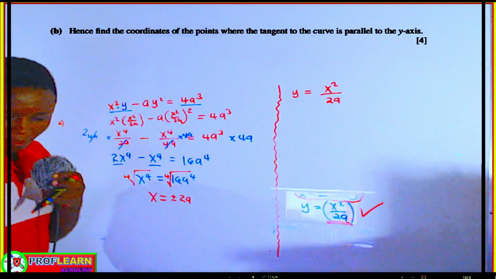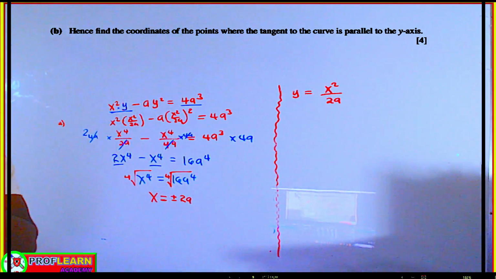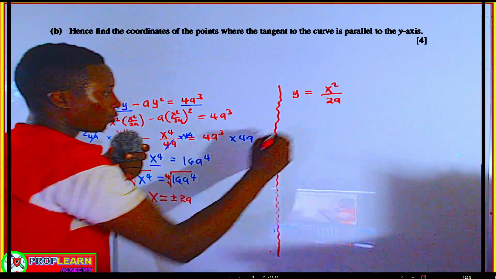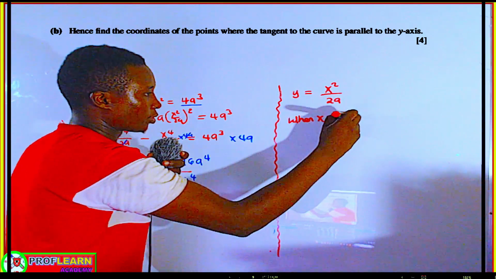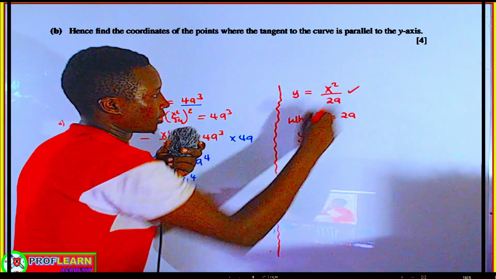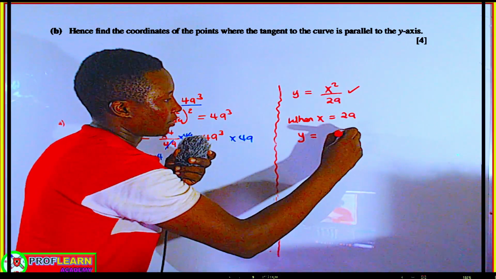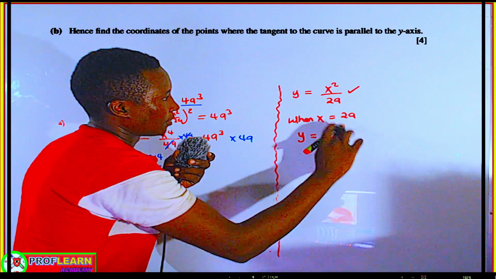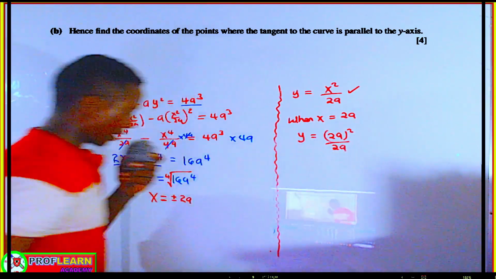So we can find the coordinates, because we are asked to find the coordinates of the points where the tangent of the curve is parallel to the y-axis. When x equals 2a, our y is going to be 2a squared over 2a.